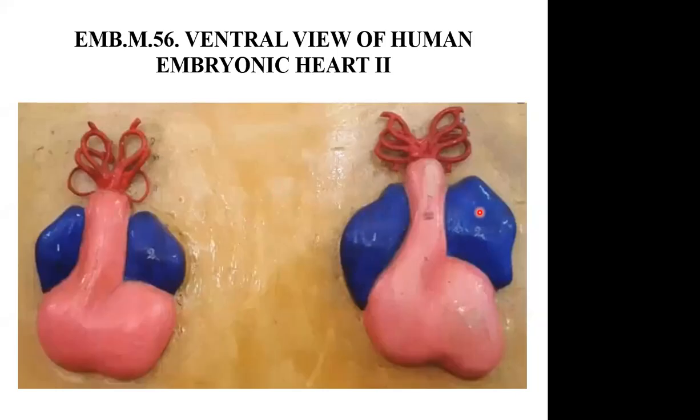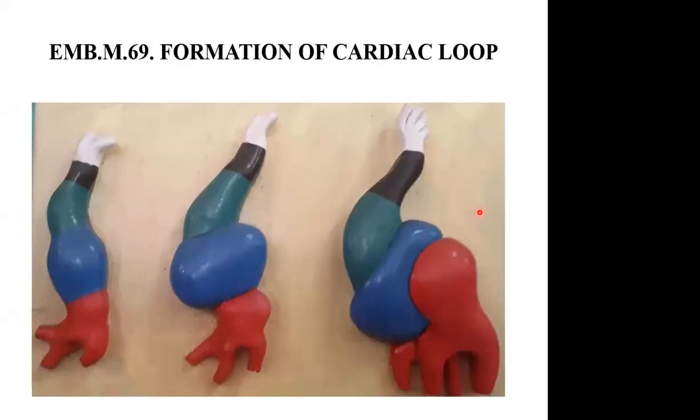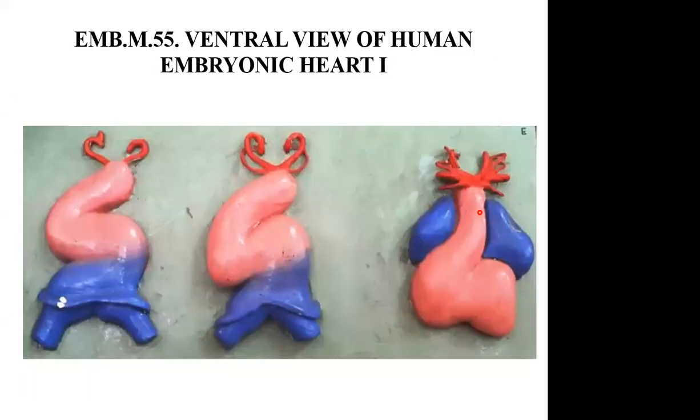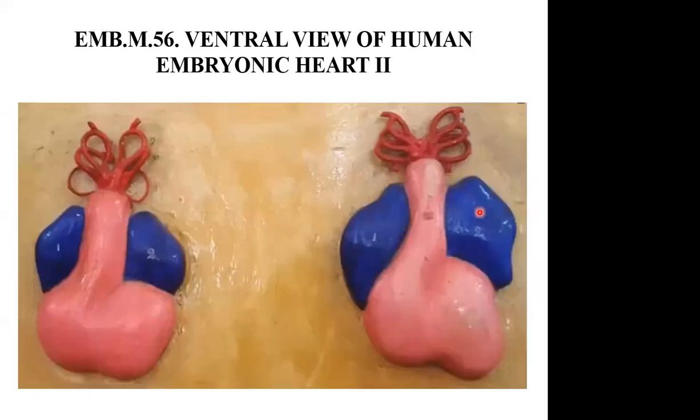So this is the formation of the cardiac loop. If there is any defect in the formation of the cardiac loop, that leads to dextrocardia. Very good. That is dextrocardia. You have to understand that from these two models. Of course, this is also for the same thing. So that is the formation of the cardiac loop.